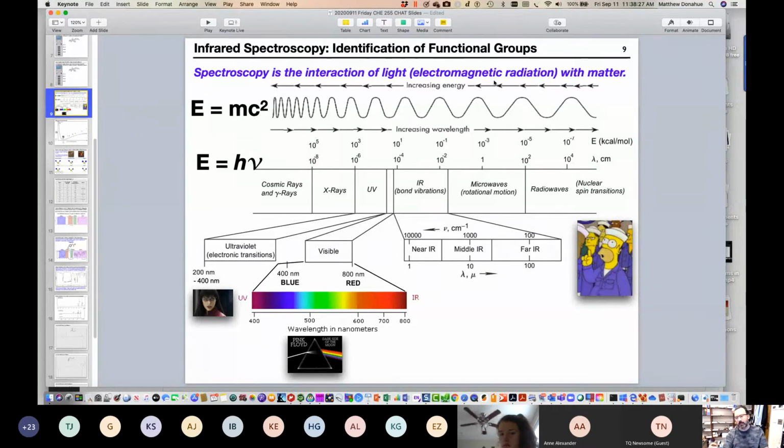So light is radiation. It's just another term. Spectroscopy is the interaction of light, which is electromagnetic radiation, with matter. So if you're going to take the MCAT, this is going to be a big deal, because this is a substantial portion of the organic chemistry section on the MCAT.